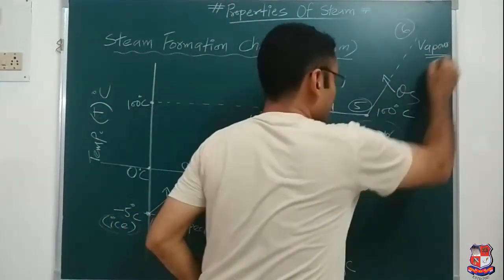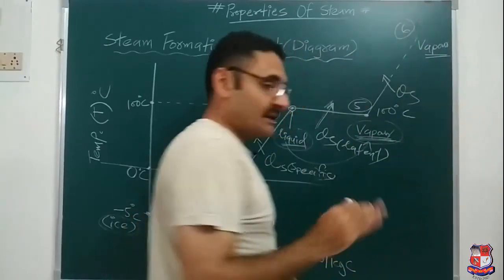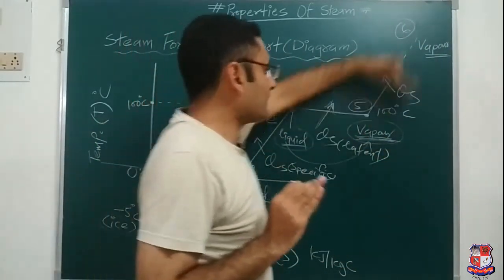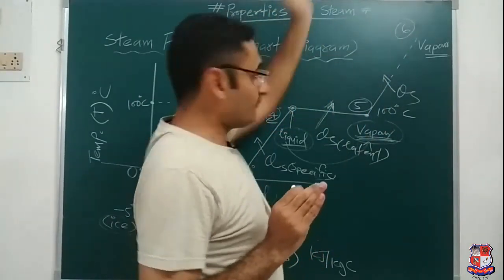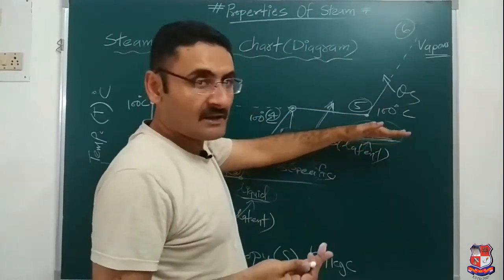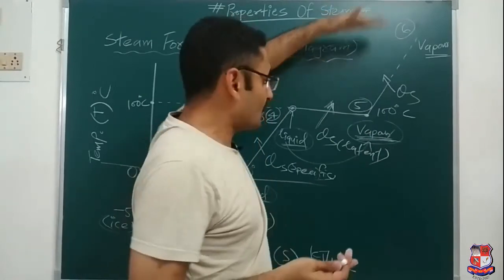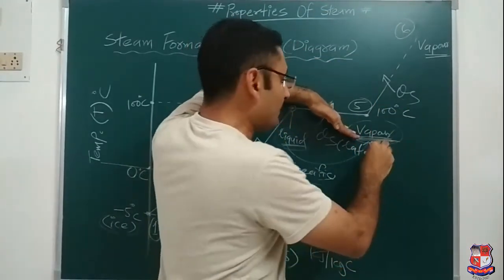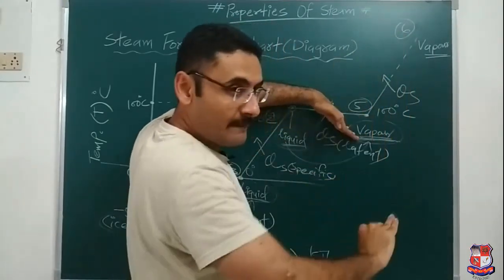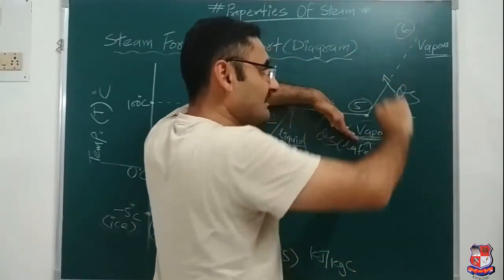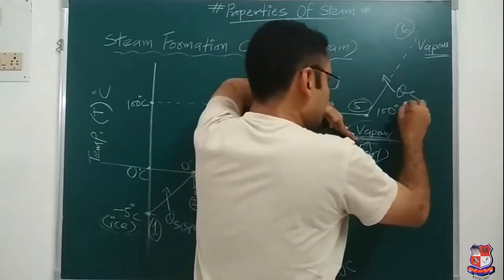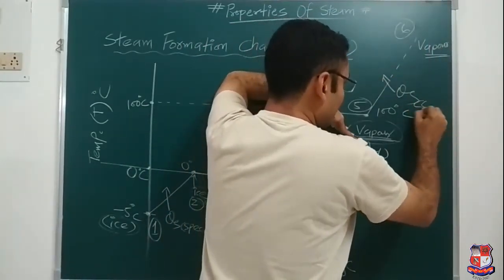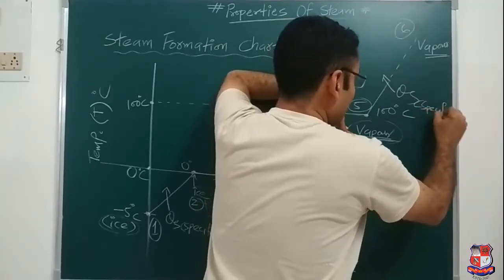It will never convert into liquid or solid. Steam is formed. That is the meaning of steam formation, because vapor means steam. If you supply any amount of heat, vapor will remain vapor only. Temperature is increasing, the phase remains the same. So between point 5 and onward, whatever heat you supply, that is your specific heat.